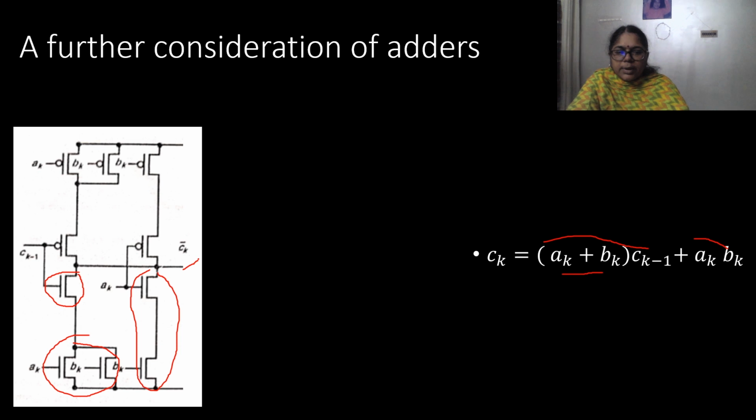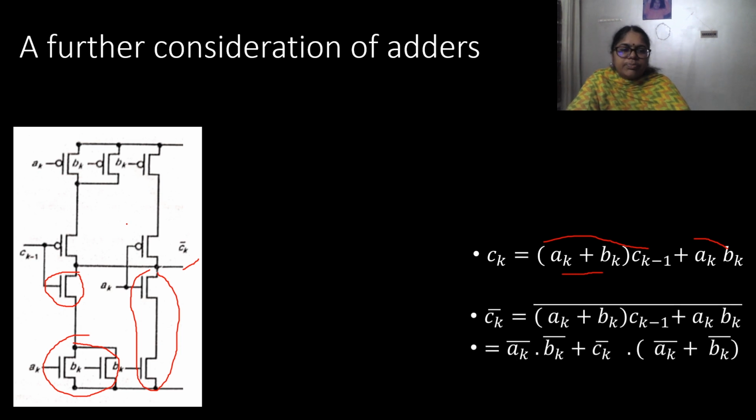Similarly, we can draw the circuit by taking the opposite circuitry of the NMOS in the PMOS side, or we can also take it in this manner. We can get C bar as ((A + B) into C + AB) whole bar. Now here ((A + B) into C + AB) whole bar can be written as A bar into B bar + C bar into (A bar + B bar).